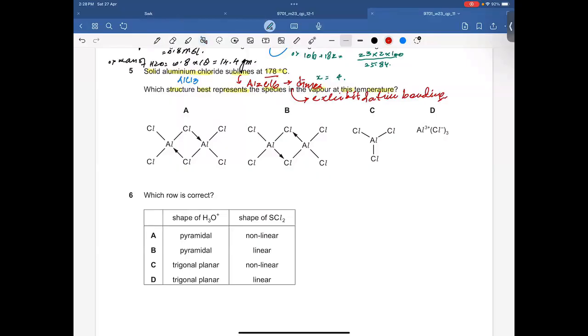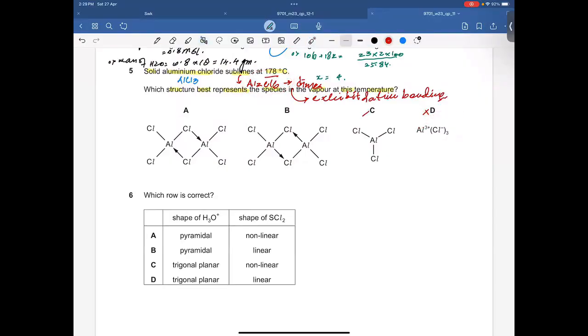So obviously option D is incorrect because in dative bonding, it is a covalent molecule, so it has no charge like this. In fact, it is Al2Cl6, whereas this option is just AlCl3, which is not possible in the sublime state, which is why D option is incorrect.